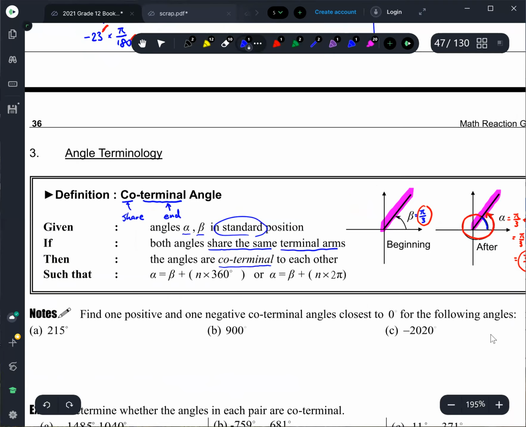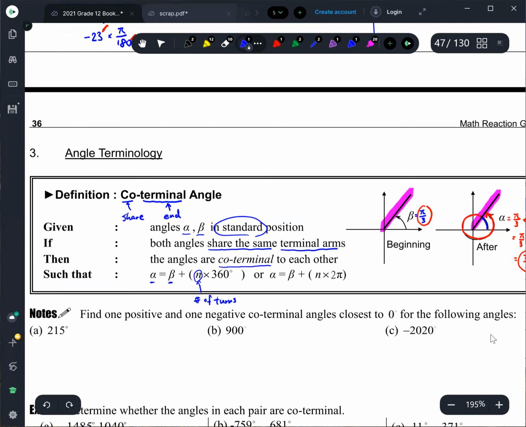So we have this formula: if you want to get angle A, B is the beginning angle, you add n times 360. N is the number of turns.